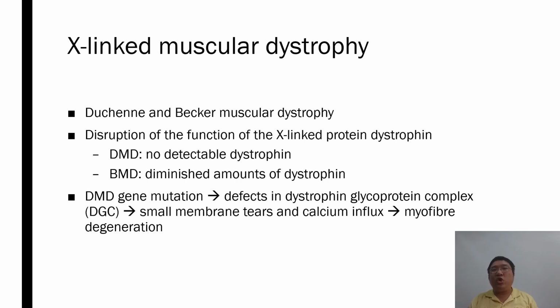So when there is no crosstalk between the muscle fiber and the surrounding tissues, the membrane is broken. After muscle contraction, there will be small membrane tears and calcium influx if the muscle has no dystrophin glycoprotein complex, resulting in myofiber degeneration.